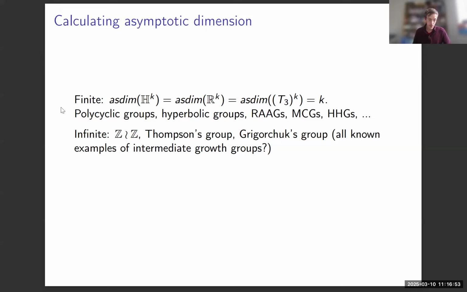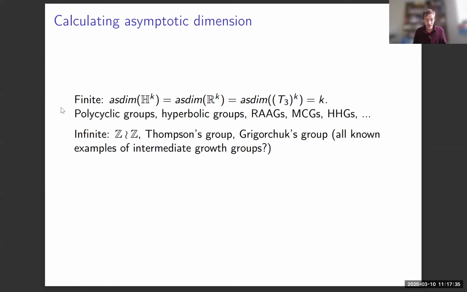Grigorchuk's group doesn't, but the way that these constructions of groups of intermediate growth typically work is you show that the group is commensurable to a direct product of 2 copies of itself. And so you'd have a quasi-isometry between G and G times G. So if it had finite dimension, you would have a space of dimension K comparable to a space of dimension strictly bigger than K. So although it doesn't give you Z to the K as subgroups, it gives you quasi-isometrically embedded copies of Z to the K. And as far as I'm aware, all known examples of intermediate growth groups rely on this in some way.